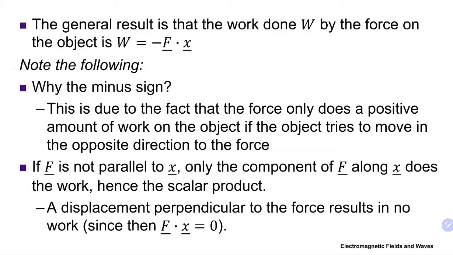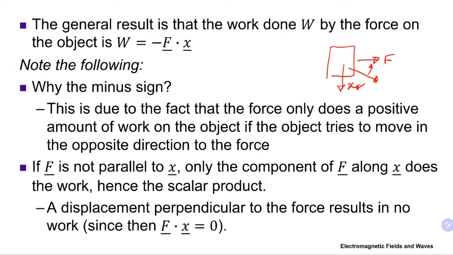Okay, so if I have an object, this is the force. If I move in this direction, that is perpendicular to the force, therefore there's no work done in this scenario. If I move it in this direction, only this component of the displacement actually has work being done to it, not this component, because it's a dot product of the two vectors.